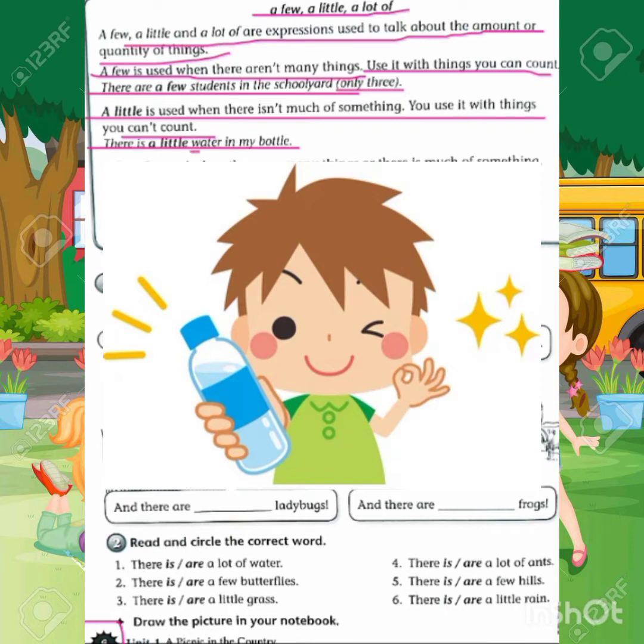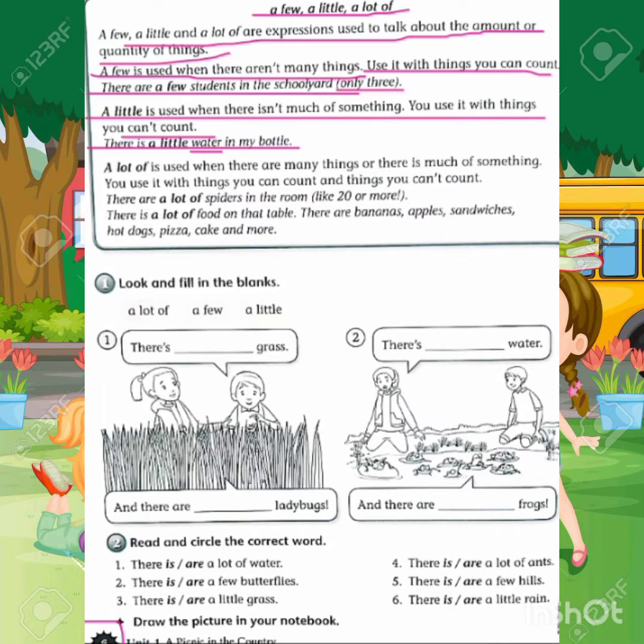Water is an uncountable noun because we can't count water. In this case, students are countable noun. Only 3 students.